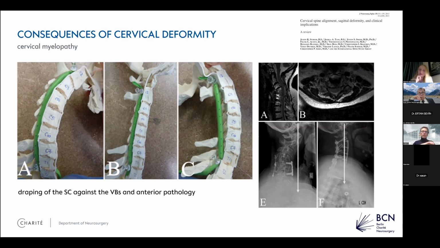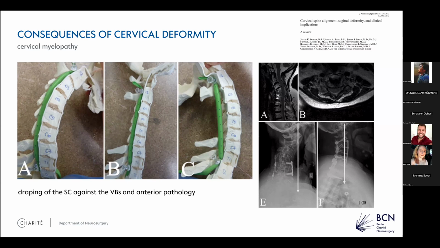And this stretching of the spinal cord is already enough to create the state of chronic ischemia and chronic myelopathy. So you don't necessarily need stenosis in order to have myelopathy in the light of cervical deformity. Sometimes a hyperkyphosis is already enough to create spinal cord malfunction and myelopathic symptoms just due to the stretching.